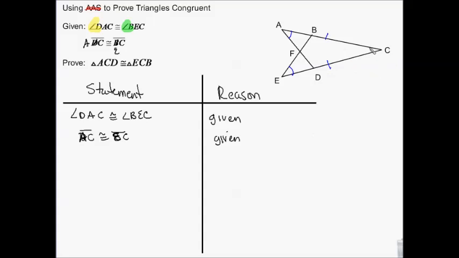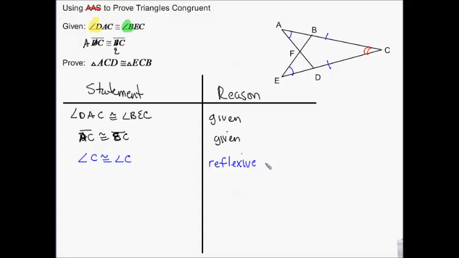Well, angle C is shared by both triangles, and it is congruent to itself. And then I have angle, side, angle. That is the easier way to prove these two triangles are congruent.